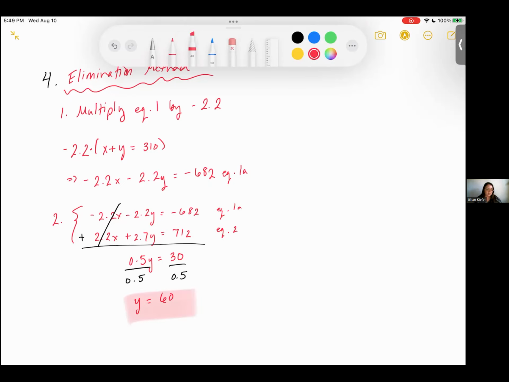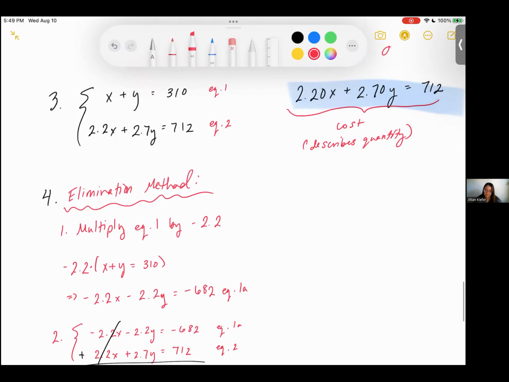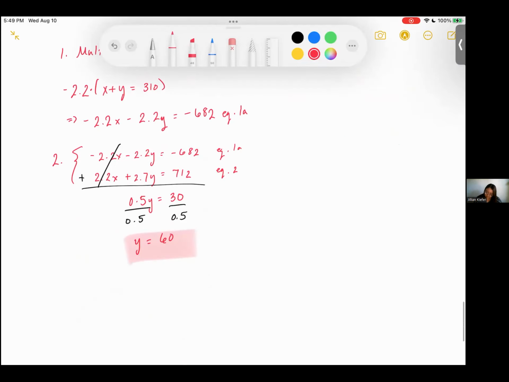So we know now what y is equal to. So if we know what y is equal to, we can pick one of our equations that we can plug this value of y back into to solve for x. Looking at our equations, equation 1 is going to be the easiest. So let's pick equation 1. So for the next step, we want to plug in 60 for y in equation 1.